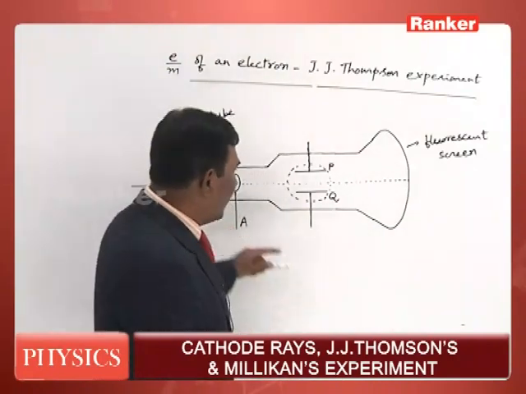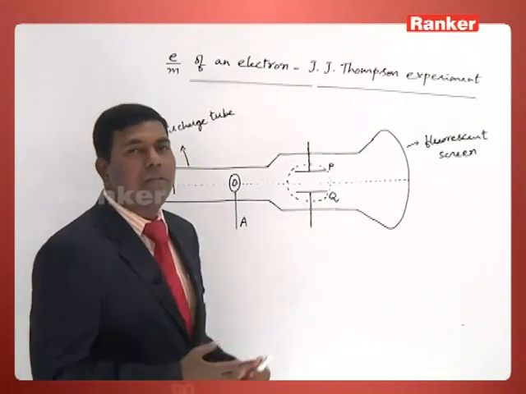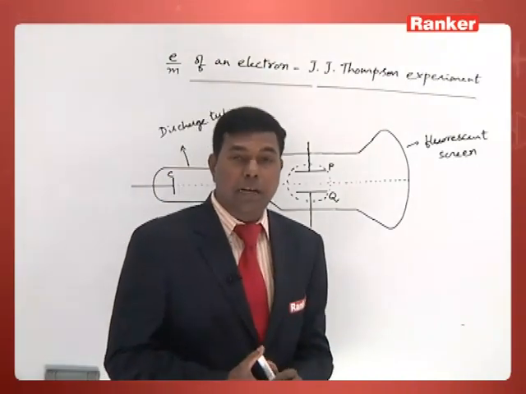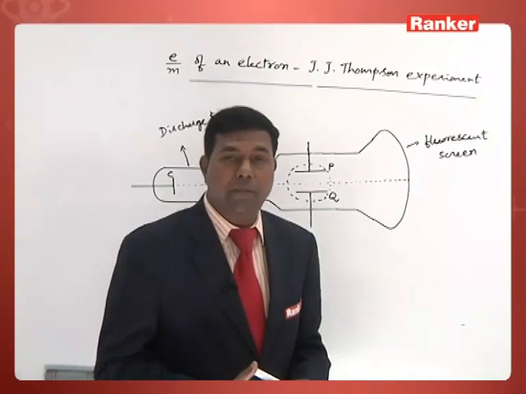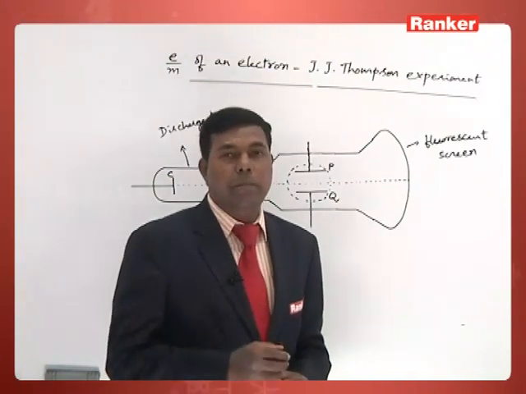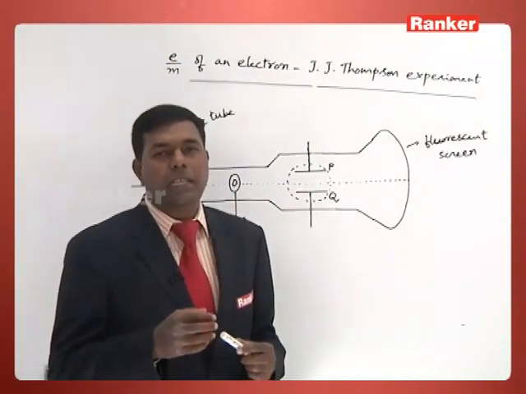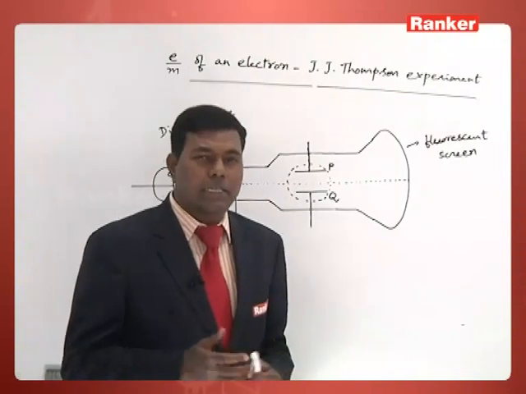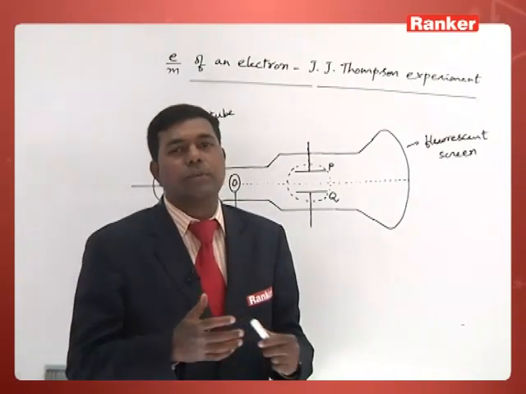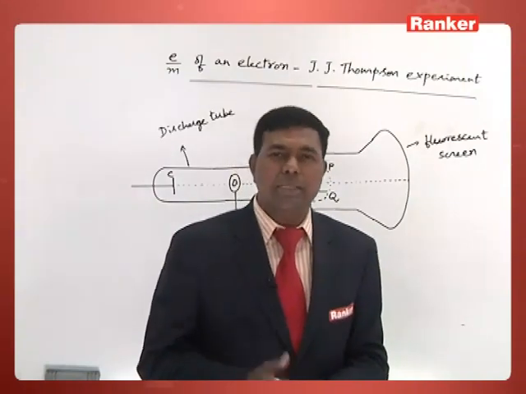As the electron beam passes through the plates, we are applying an electric field and magnetic field which are perpendicular to each other, and we will adjust the fields in such a way that the electric force and the magnetic force applied on the electron beam will be exactly equal in magnitude but opposite in direction, so that these forces will get cancelled and the net force acting on the electron beam will be 0.